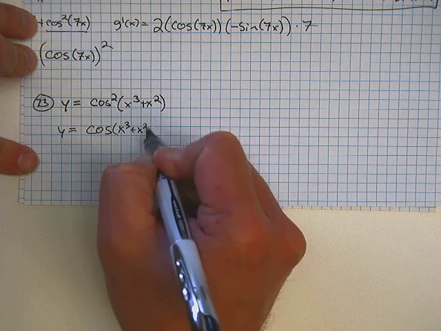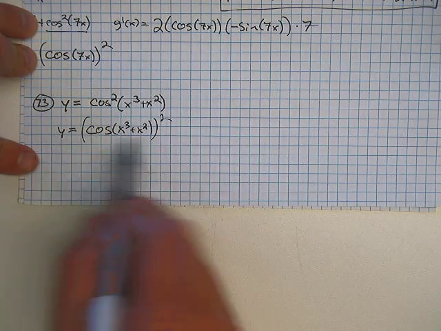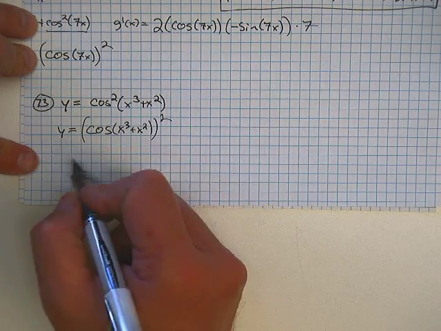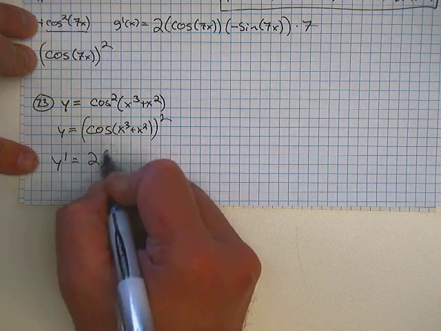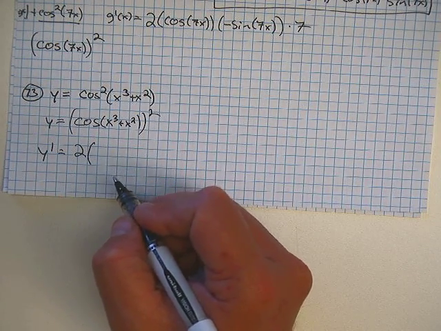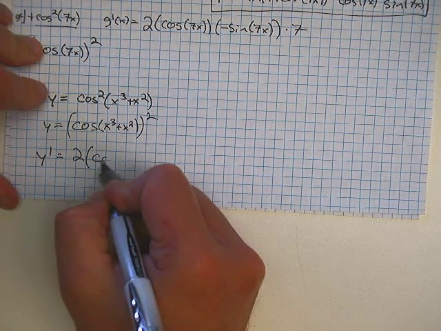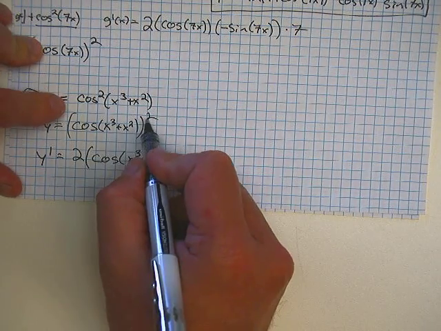I write everything out. So I'm going to rewrite this whole thing as squared. That squared comes out to here. So the whole thing is squared. The outside function is x squared, so the derivative is going to be 2 times cosine of x cubed plus x squared to the 1.